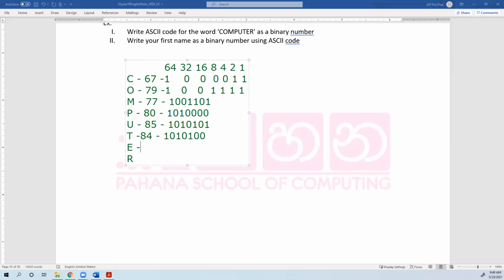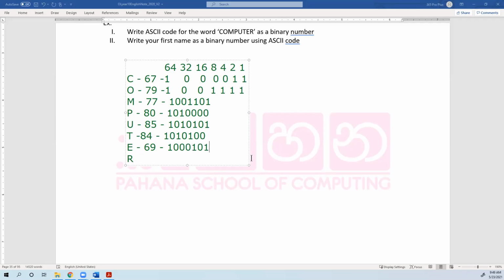E. That is 69. 69 means 64 plus 5. So that means 1, then we have 0, 0, 0, 1, 0, 1.